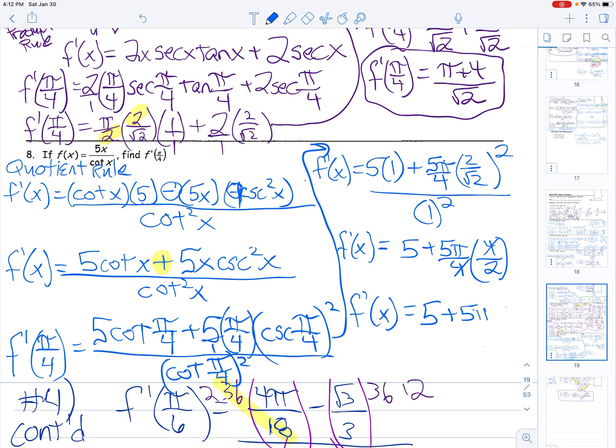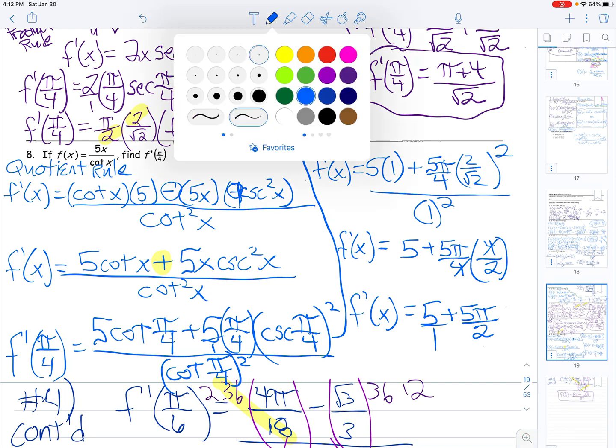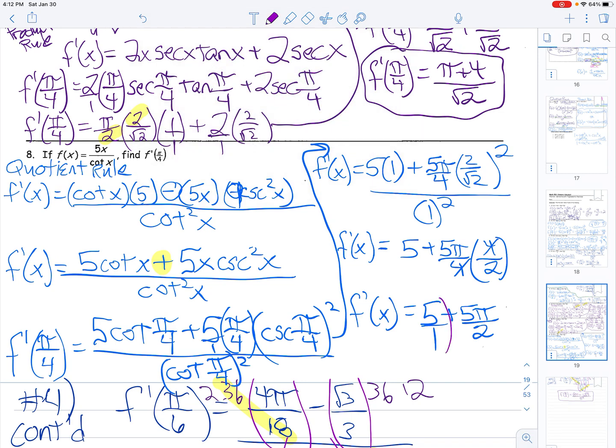f prime of x here is 5 plus 5 pi over 2. I guess that would be all right, but I probably would get a common denominator here just to tidy this up a little bit. Times that 5 by 2 over 2. So that'll be 10 over 2 plus 5 pi over 2.